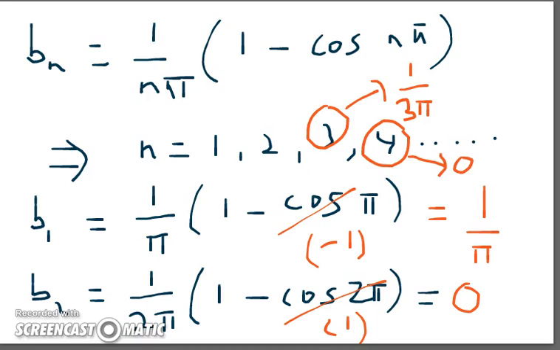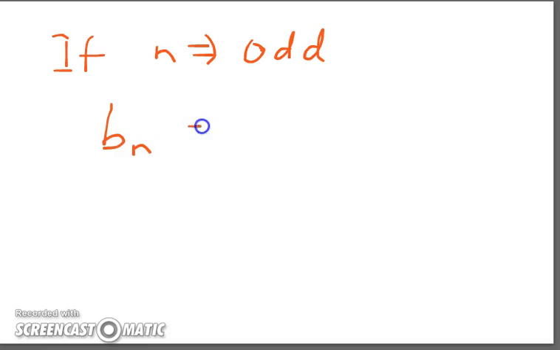And it will go to a conclusion that if n is odd, we will have the value of Bn equals 2 over n pi. Okay, sorry. If we have n equals an odd number, then we will have this value of 2 over n pi.